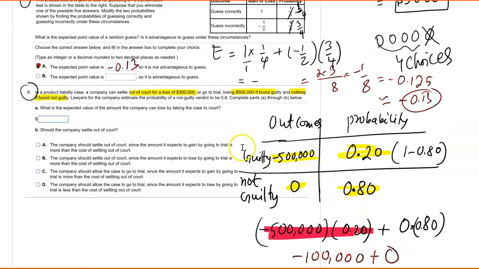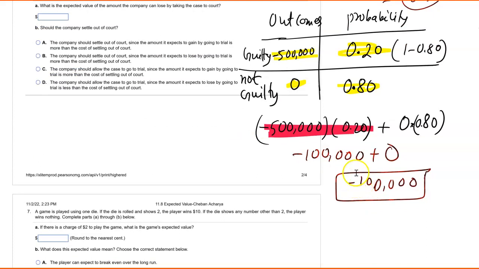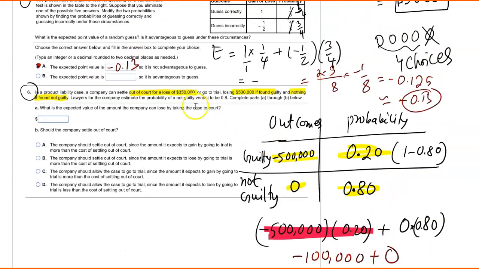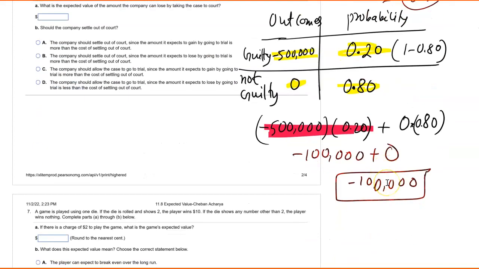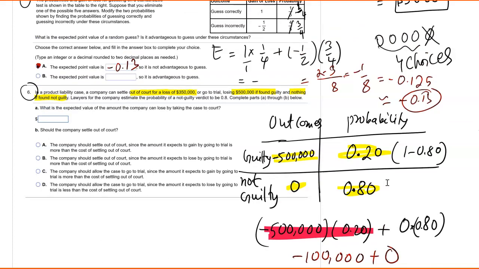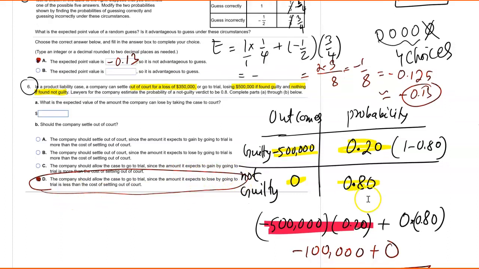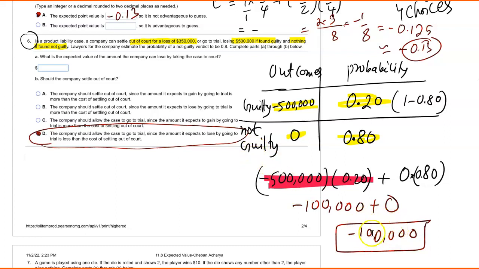And if the company goes to the court, the company might lose this much. But if the company doesn't want to go to the court, if it wants to settle out of court, it loses this much, 350,000. Therefore, 350,000 is a bigger number than 100,000, so it's better to go to the trial. Why? Because the company should allow the case to go to the trial, since the amount it is expected to lose by going to the trial is less. If the company goes to the trial, it loses 100,000.